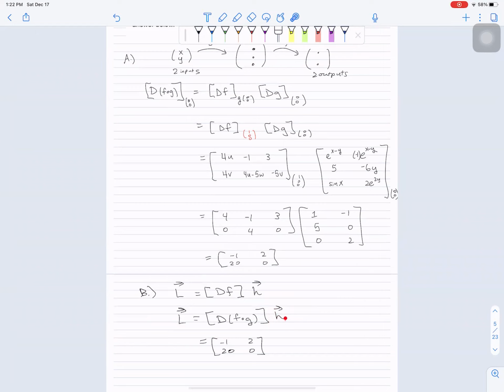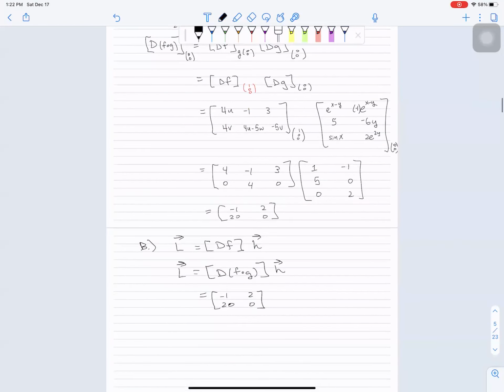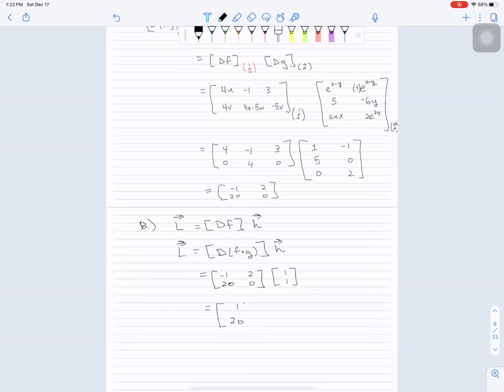That's the rate of change of inputs of my composition. They tell me the inputs of the composition are increasing at unit rate, which means they're all ones. So I should multiply by 1, 1. So I get 120. And these are the rates of change of outputs of my composition.